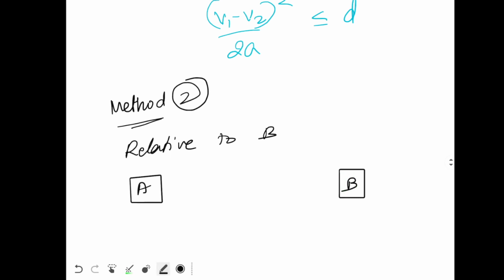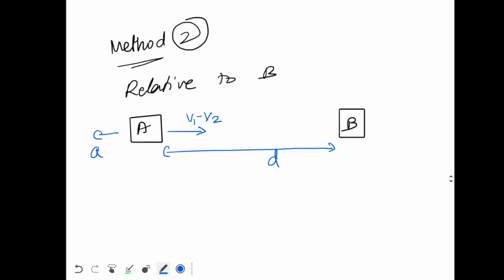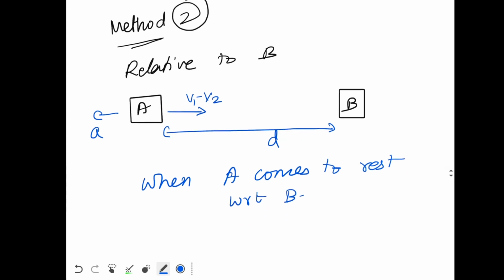So the velocity of A will be v1 minus v2, and the distance over here is d. Car A has acceleration a still backwards, as seen by car B. When A comes to rest with respect to B, its velocity is 0.